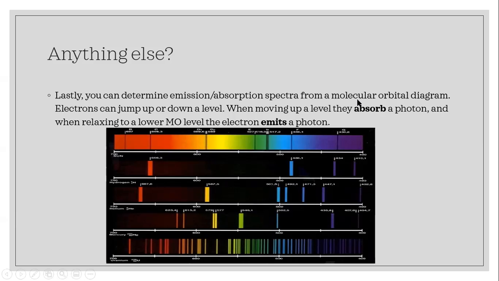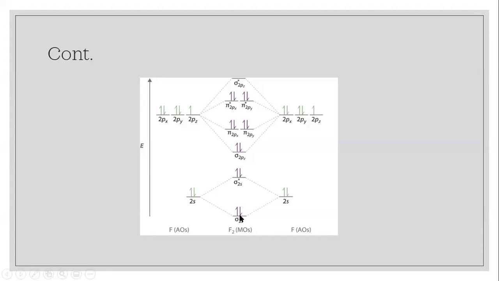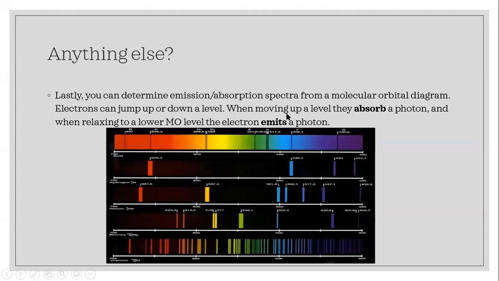And when it relaxes to a lower level, and by level I mean a molecular orbital level, these are just levels. So let's say one of these jumped up there and then went back down. When it relaxes to a lower molecular orbital level, the electron emits a photon. So that's also pretty basic. Hopefully that makes sense.